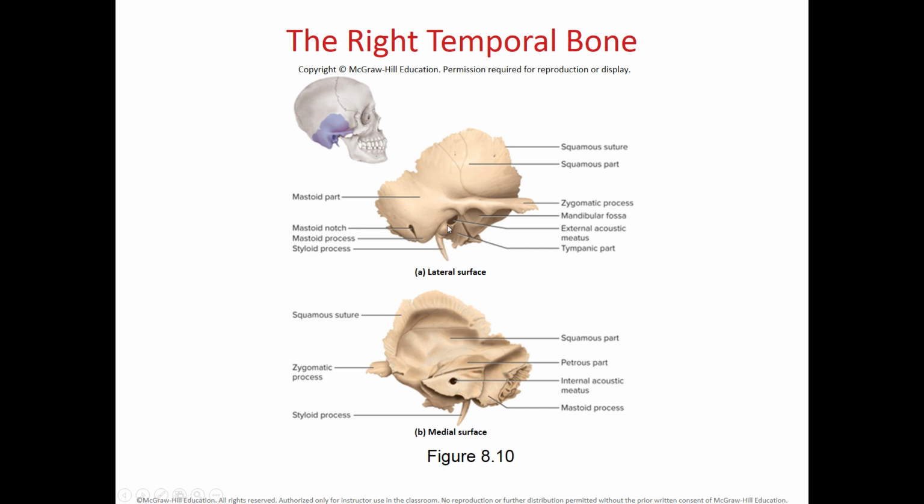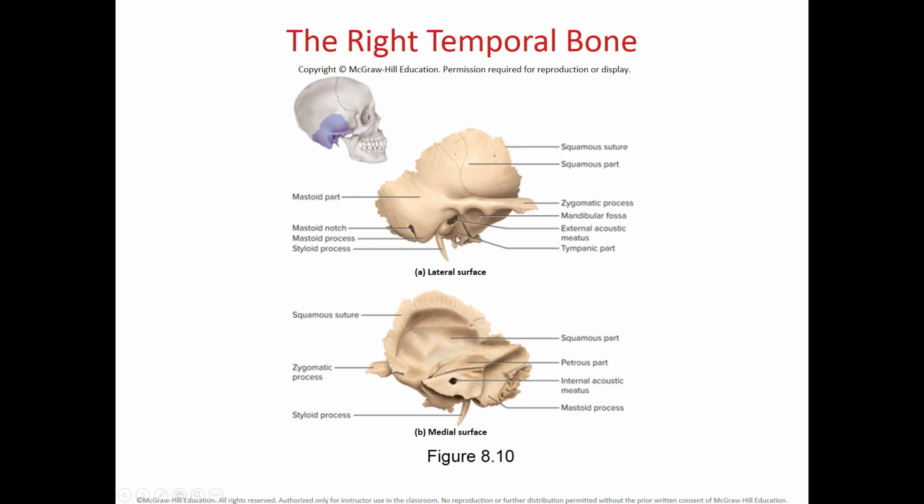And then superior to this styloid process, we have the external acoustic meatus or ear canal, and more superior to this external acoustic meatus, we have this horizontal projection that is called the zygomatic process. And just below the posterior portion of the zygomatic process, we have the mandibular fossa.